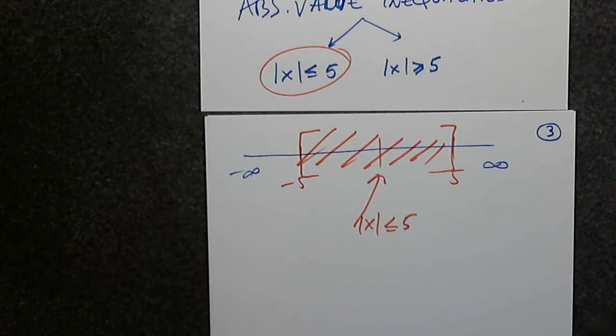So then, I'm looking for what? Numbers that are further away. So, can anyone give us a solution? X must be to the left of negative 5 or to the right of 5. Excellent. Makes sense.